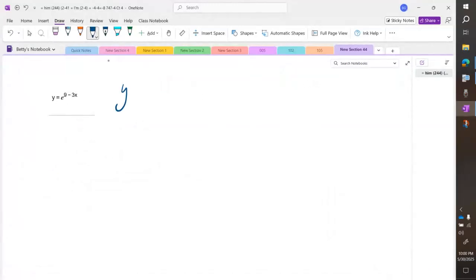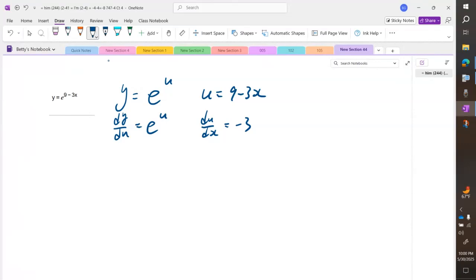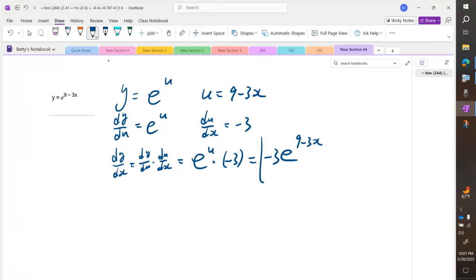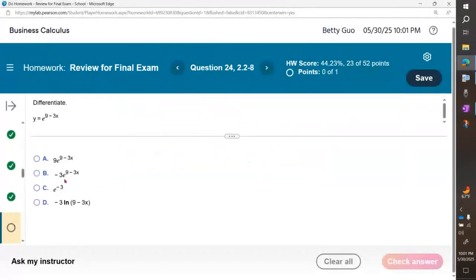We let y equal e to the power u, u equals 9 minus 3x, dy/du is e to the power u, du/dx is negative 3. dy/dx is dy/du times du/dx, which is negative 3 e to the power u, where u is 9 minus 3x. So negative 3 e to the power 9 minus 3x. This one, B.